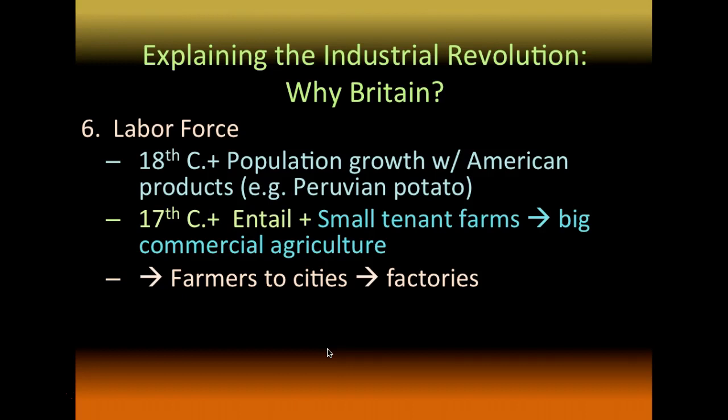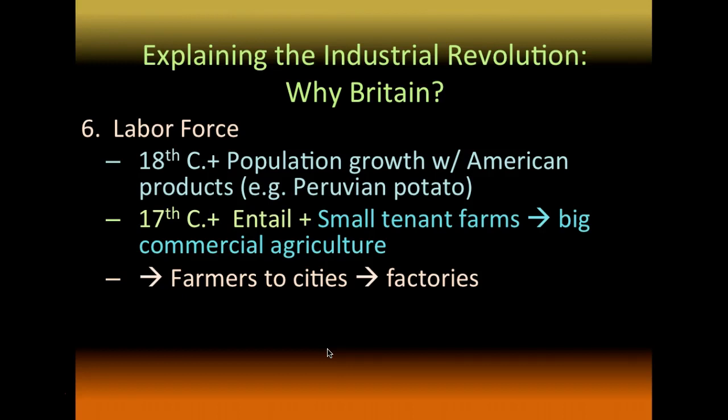Also in the 17th century, so starting in the 1600s, there was this thing called entail, which is basically small tenant farmers who would have their farms purchased by a big commercial agricultural firm, and they would put a fence around the farm, and rather than farming for something like wheat, the land would now be turned into an area for sheep to graze so that people could use the wool of the sheep.